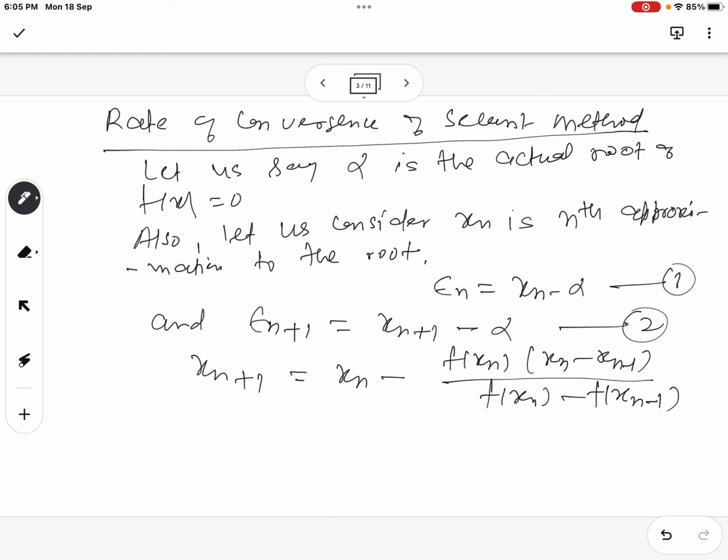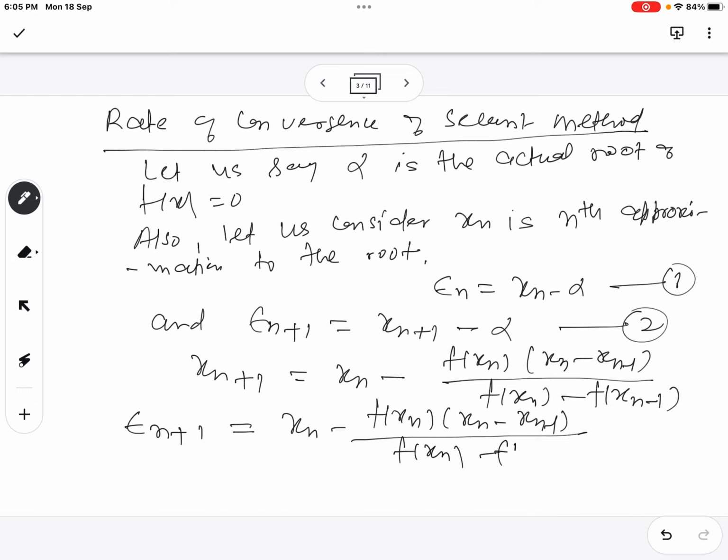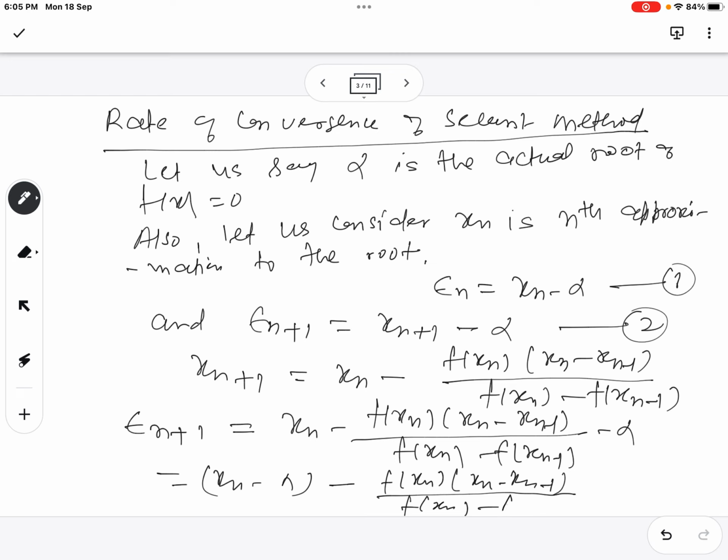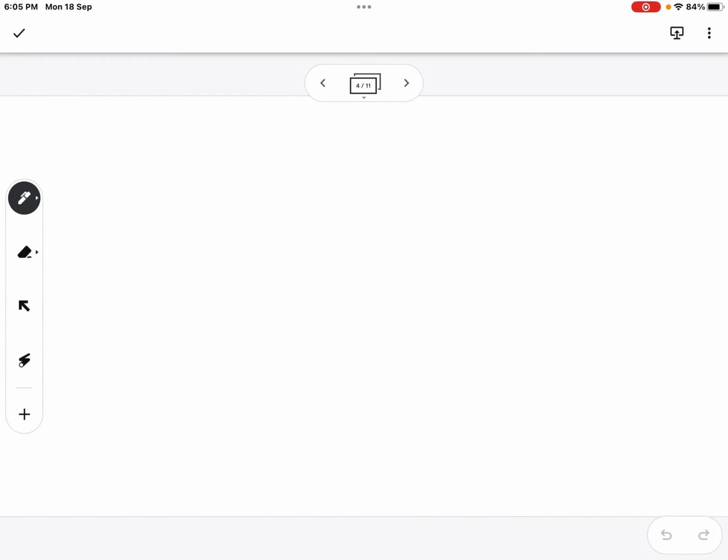So I can write the (n+1)th error is equal to xn minus f(xn)(xn minus x(n-1)) by (f(xn) minus f(x(n-1))) minus alpha, or I can write xn minus alpha minus f(xn) into (xn minus x(n-1)) divided by (f(xn) minus f(x(n-1))), and this is the nth error.